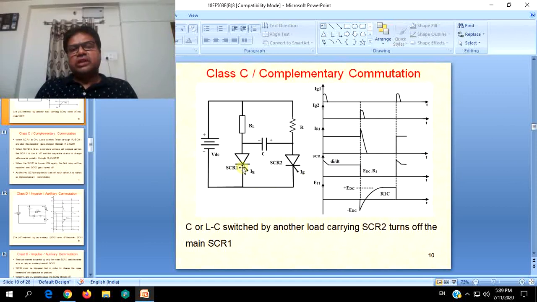And after some time, when you want to turn off SCR1, simply turn on SCR2 with Ig2.